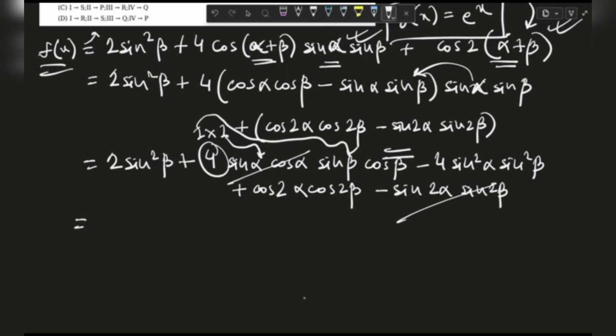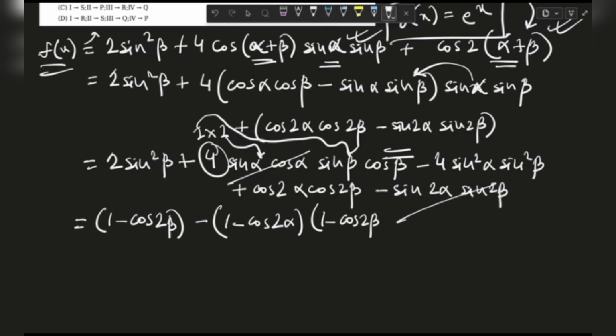So now what we have is 2 sine squared beta, which I will convert into cos. So this is 1 minus cos 2 beta, and this is 4 sine squared alpha sine squared beta. So we will split this as 2 sine squared alpha and 2 sine squared beta, and also write them in terms of cos. So 1 minus cos 2 alpha and 1 minus cos 2 beta.